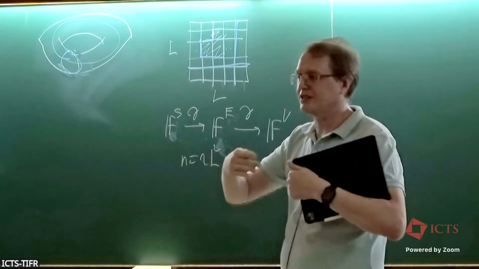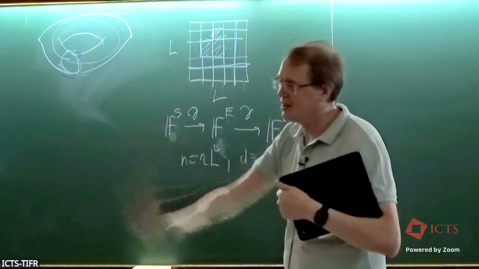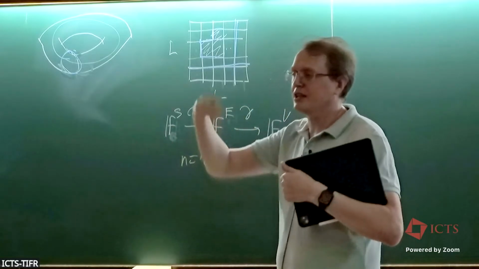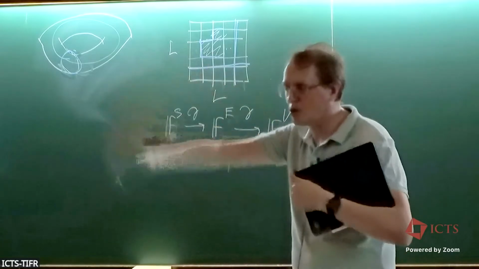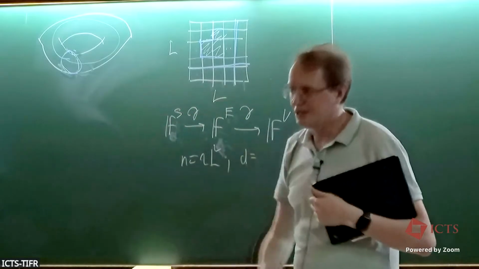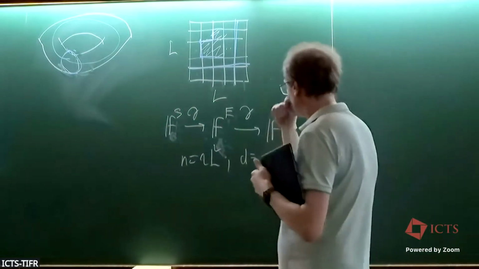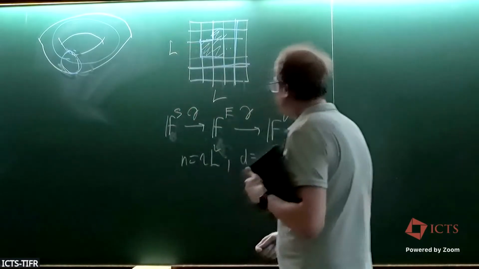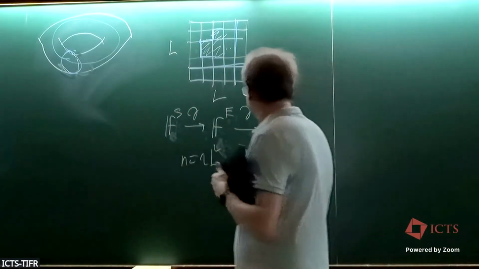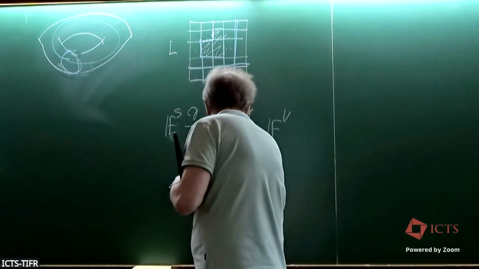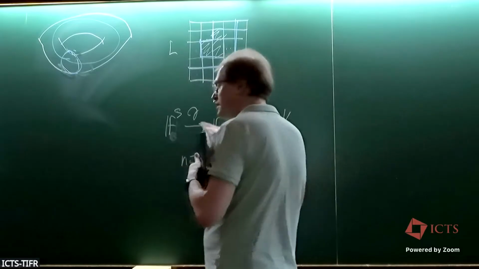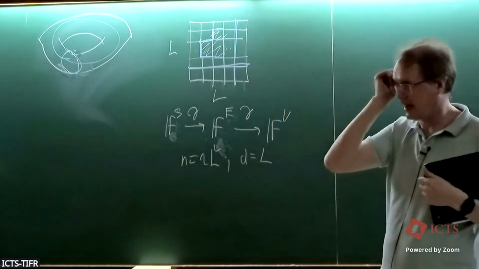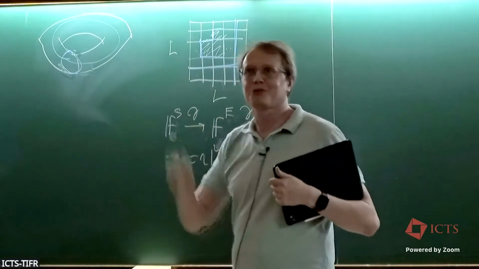Our code is a quotient of all code words modulo degenerate code words. And here the distance is equal to L. It is not a completely formal proof.